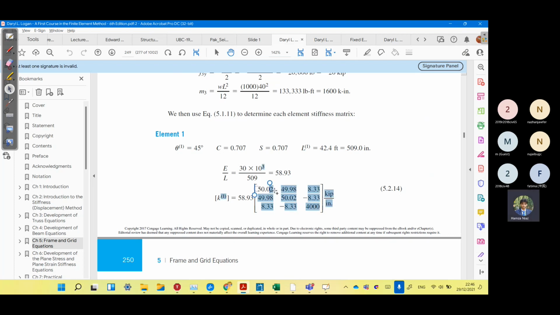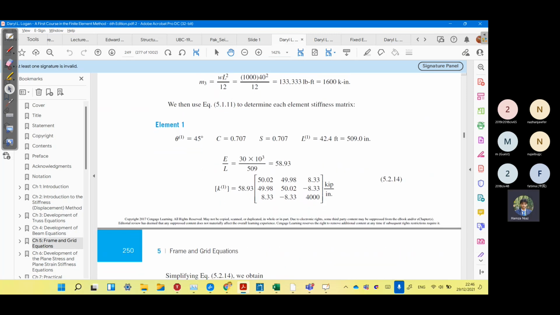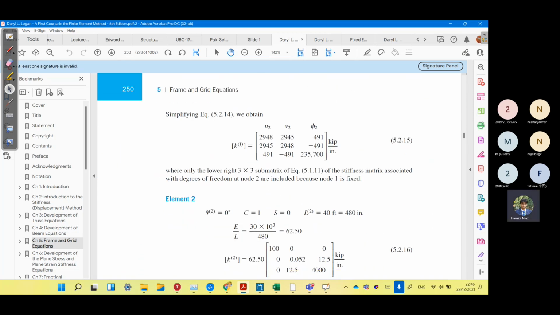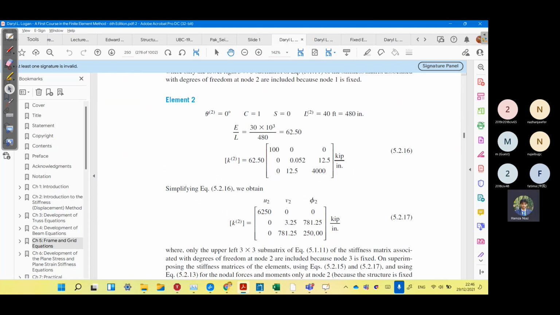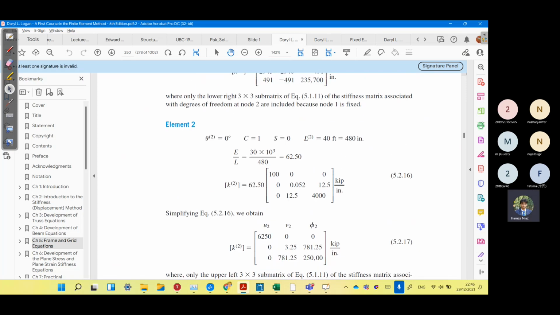They have written area here, and we have just multiplied this. And for the second one, similarly here, this one is area. This is all those 6L and 12 and 6L, 6L and 4L square. So this one is it.